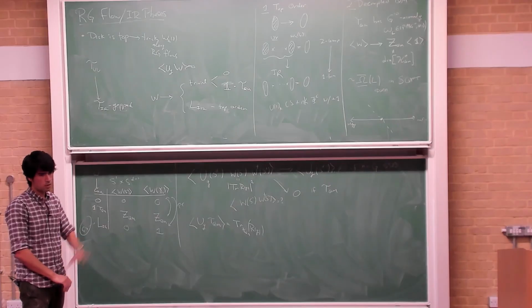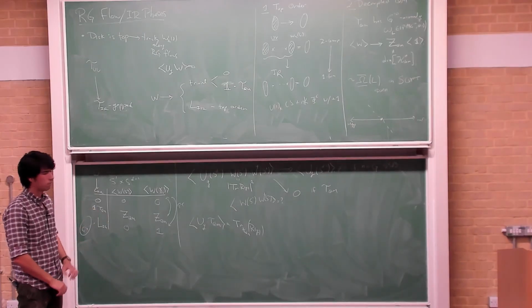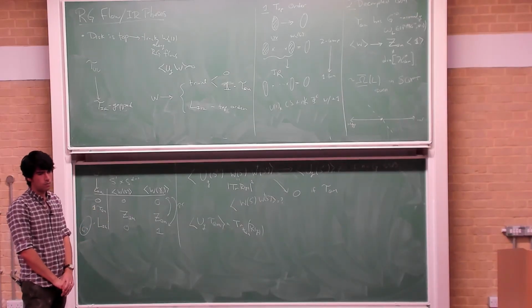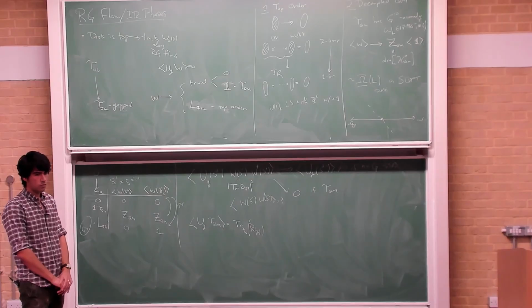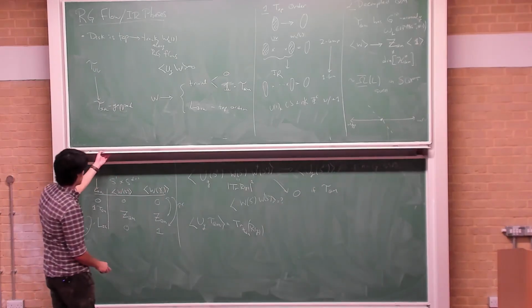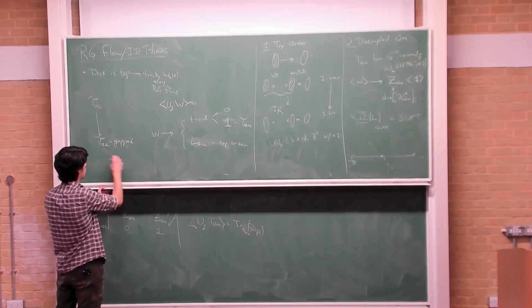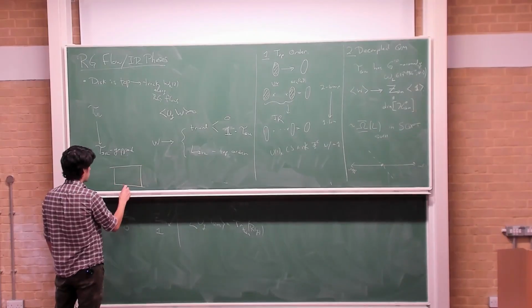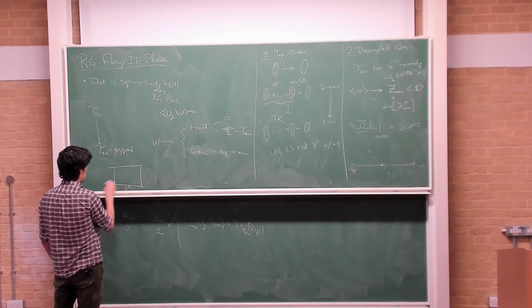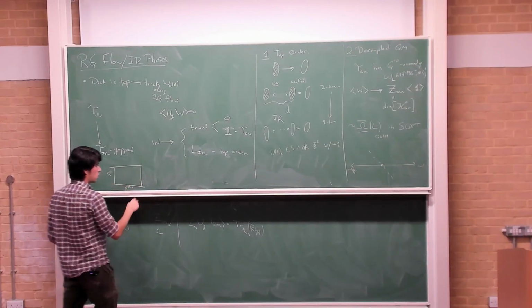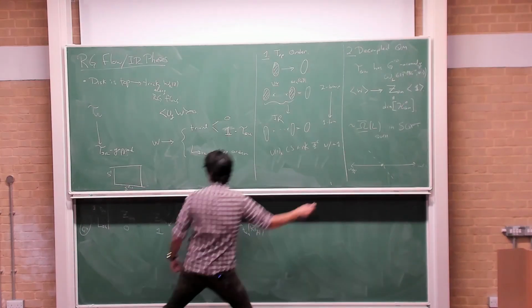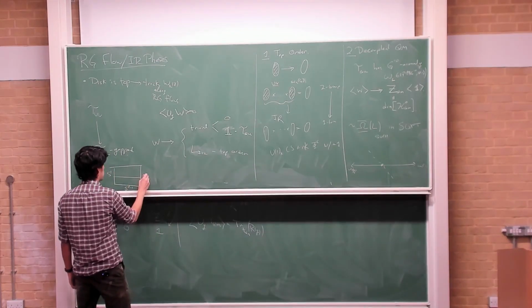Yeah, that's right. I'm thinking of it like this picture where you have an S^(d-1) and S^1 here, and here's my U_G.